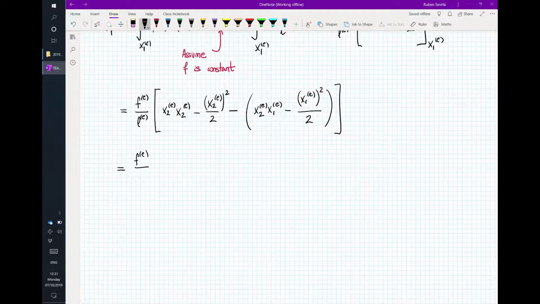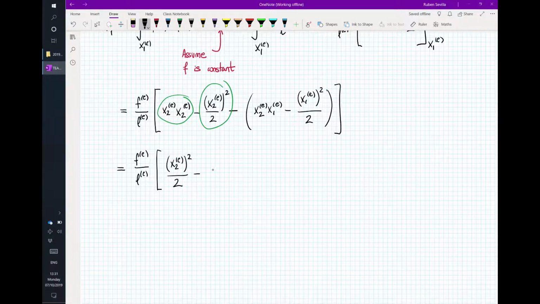Let's play a bit and see if we see something. This is x2 squared minus half, okay? So it's simply x2 squared divided by 2. And then we have minus x2 x1 minus x1 squared divided by 2.